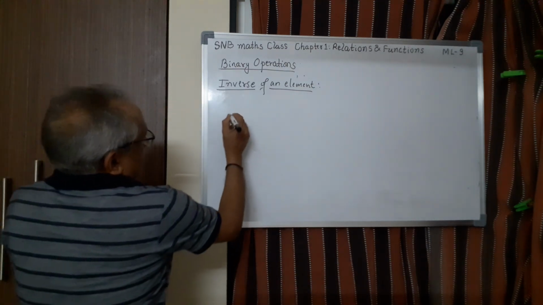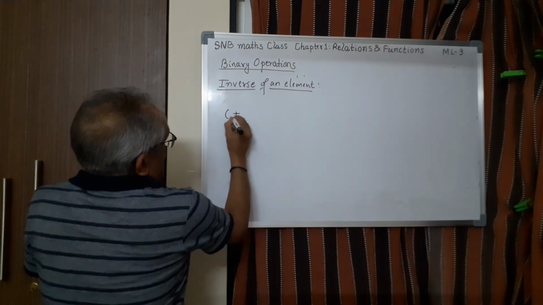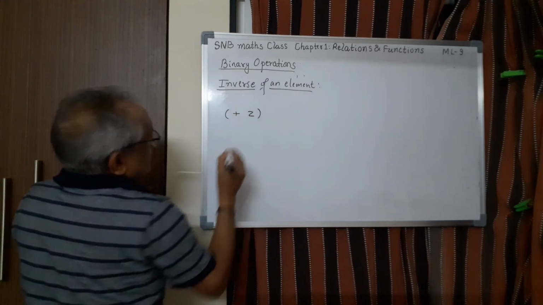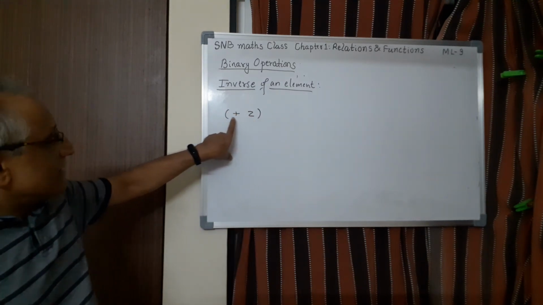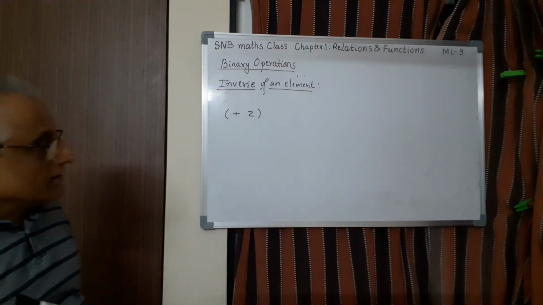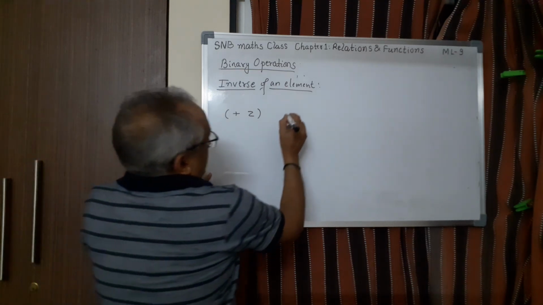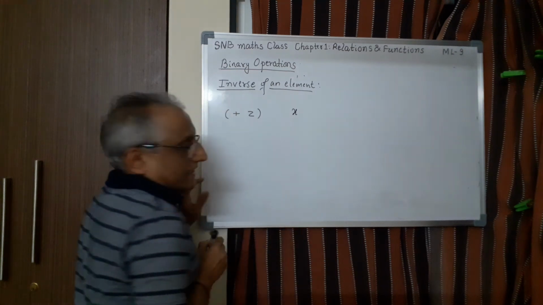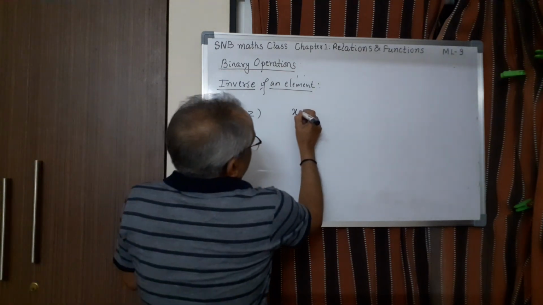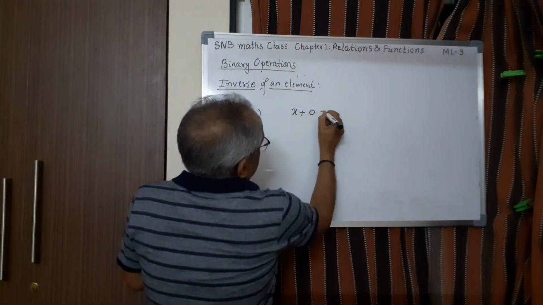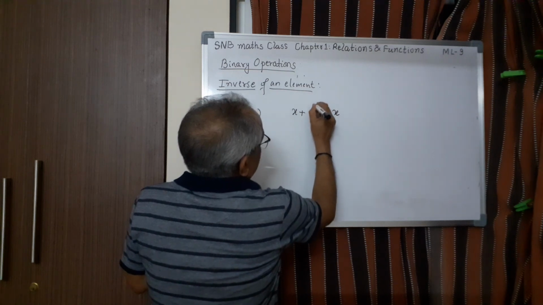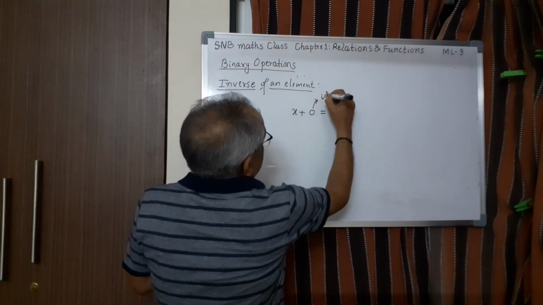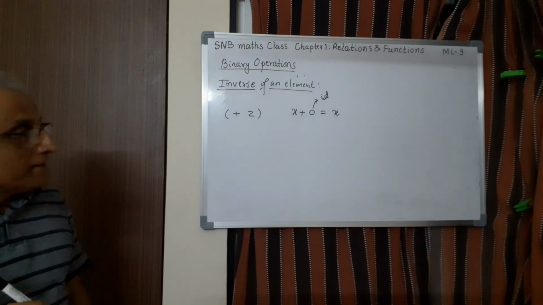Say for example, let me take plus only under Z, that is the given set is the set of integers, addition is the binary operation. And we know already if you take x, there exists 0 such that x plus 0 equals x, and we call this as identity. This we know.